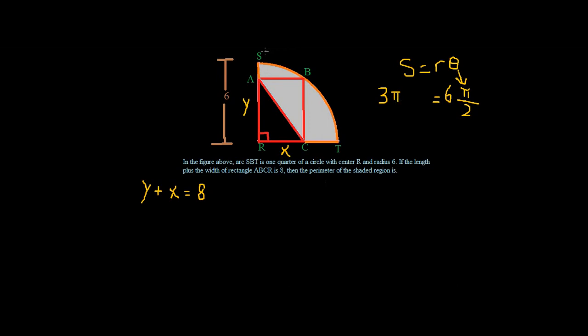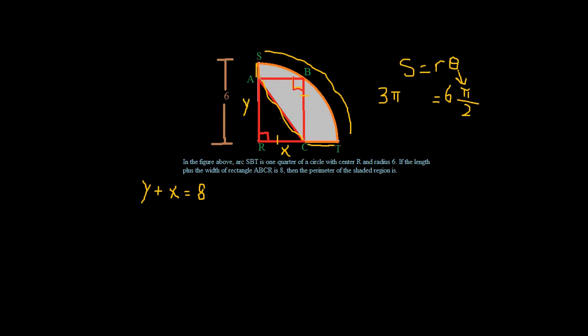So we already know the length of this part. We just need to find the length of this part and this part. Let's see what we know about this rectangle. We know that this triangle in here is equal to this triangle here, because there's a right angle here, and they share the same side.